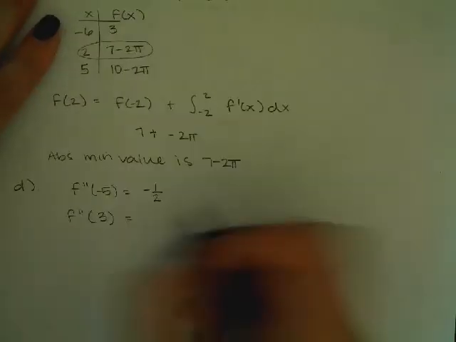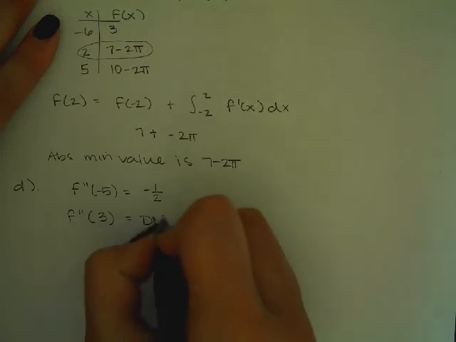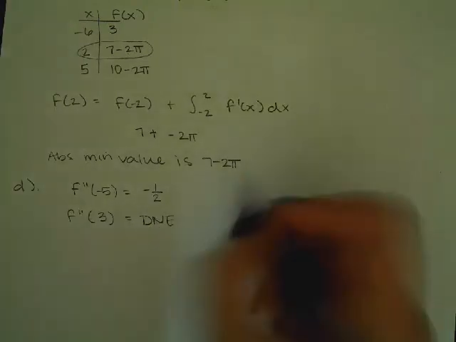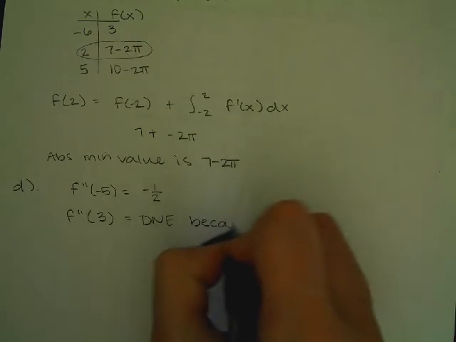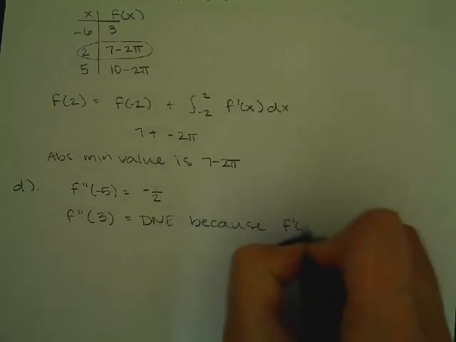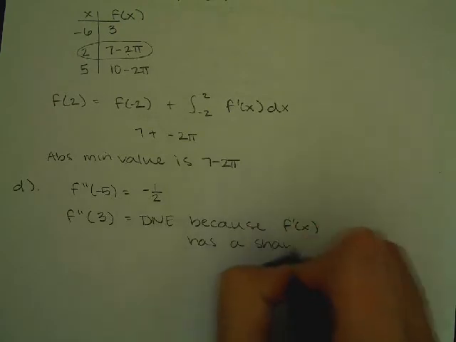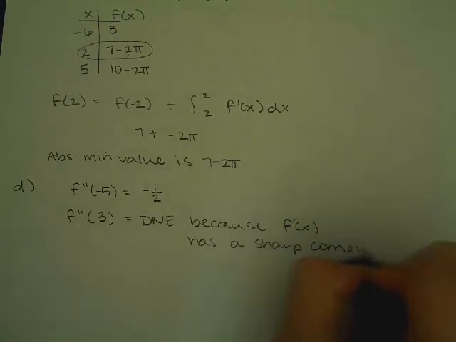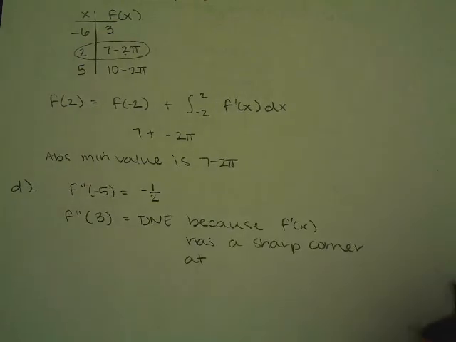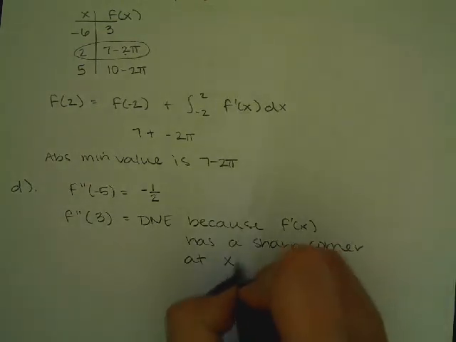And so I'm going to say this does not exist because f prime of x has a sharp corner at x equals 3.